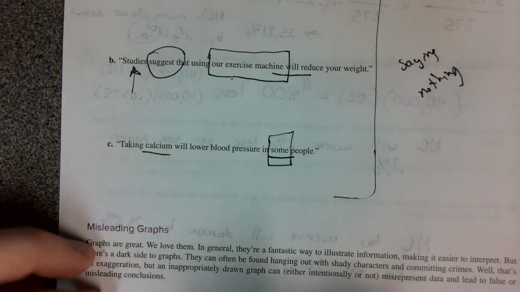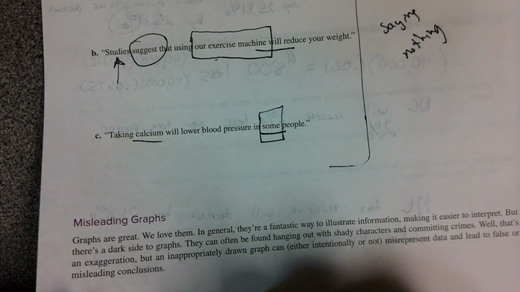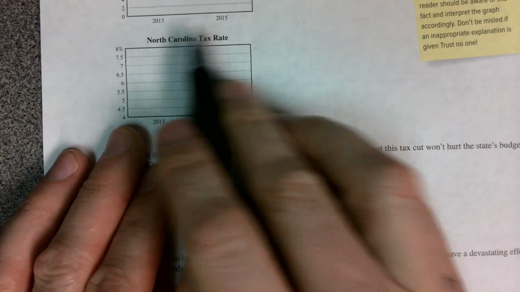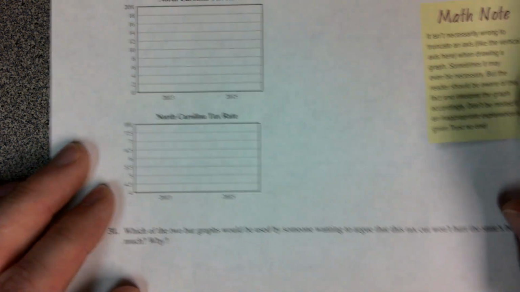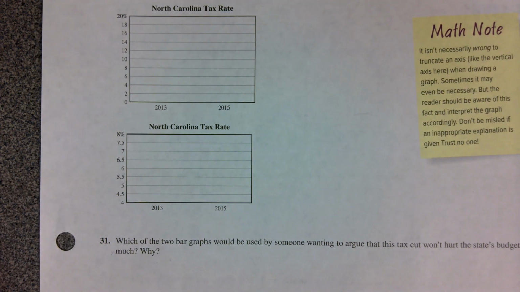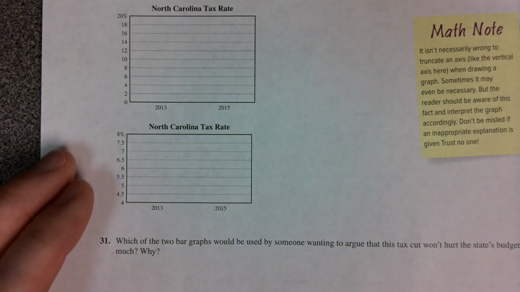So the last bit from this section and from this textbook is our misleading graphs that we already did. And I'm just going to real quick graph our 2013 North Carolina tax rates on these two different scales and remind you that when you don't include zero, the visuals will misrepresent the differences between the two numbers.